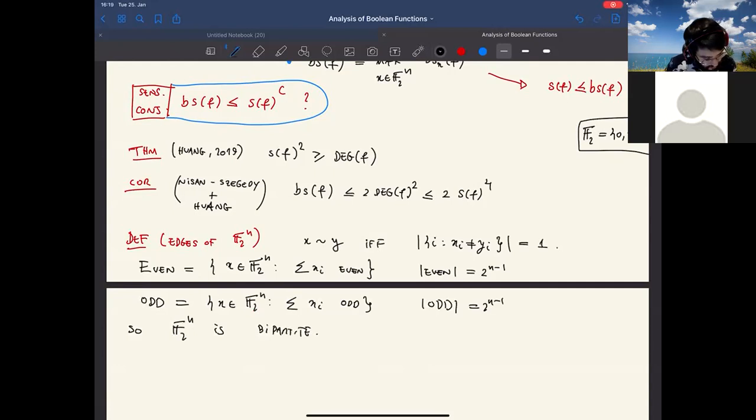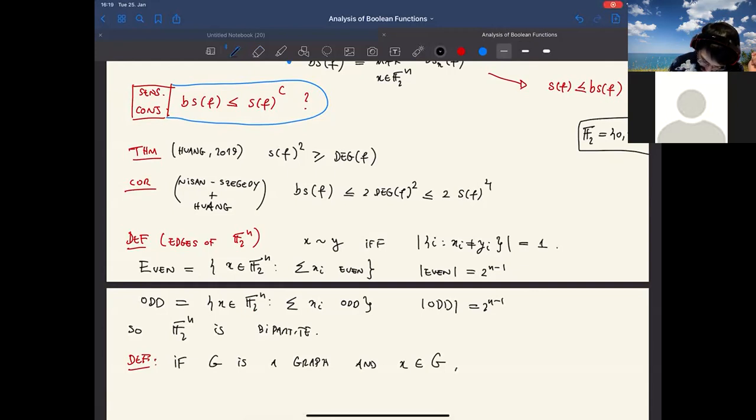Okay, let me define another thing. So if G is a graph and x is in G. So imagine G is just a subset of F2^n, but in general, it could be any graph.